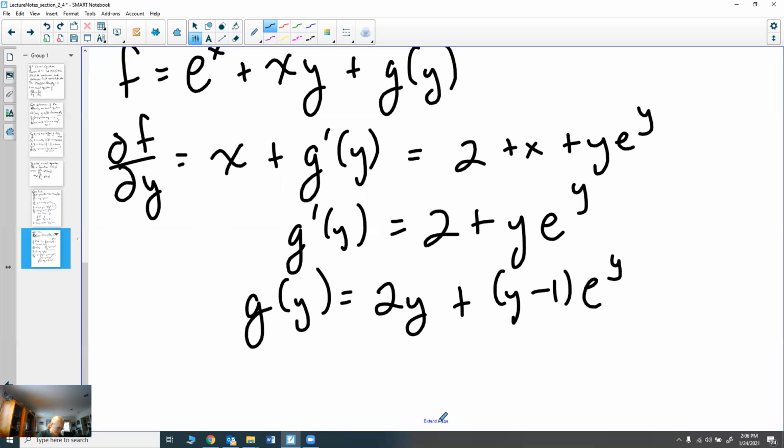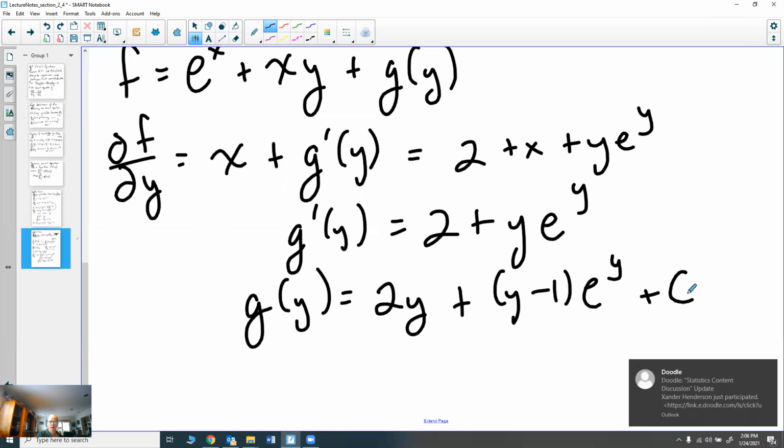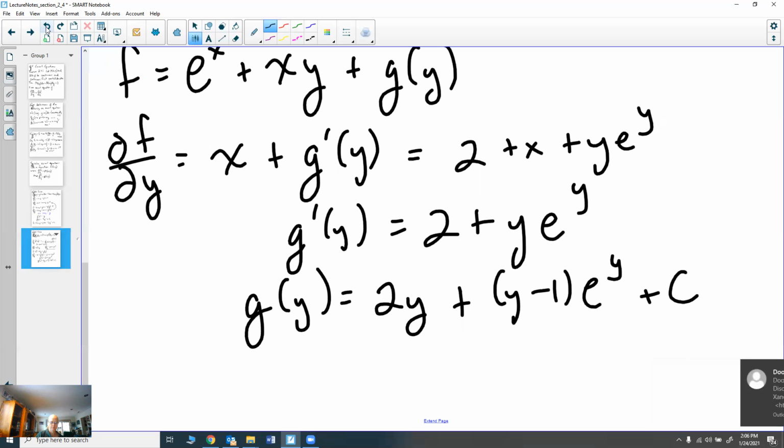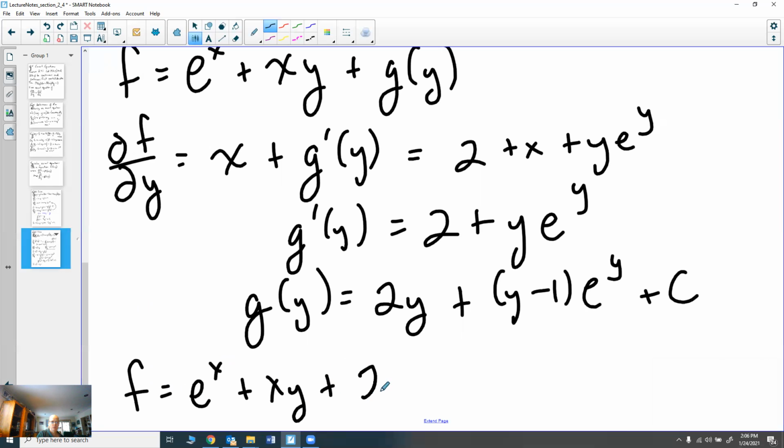Don't forget the plus c. So now I have that my f is equal to e to the x plus xy plus 2y plus (y minus 1) e to the y plus c.